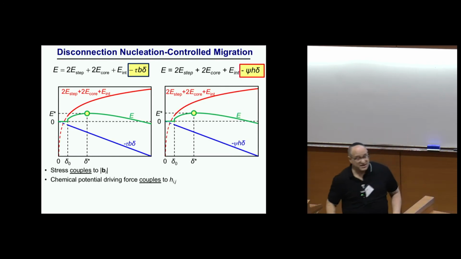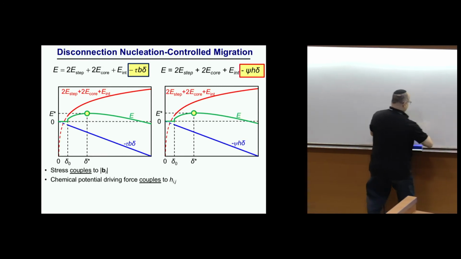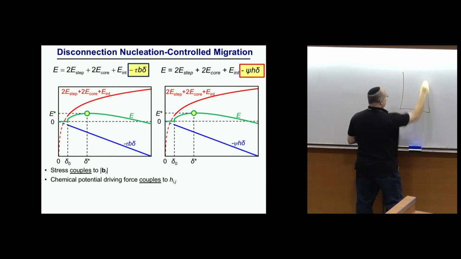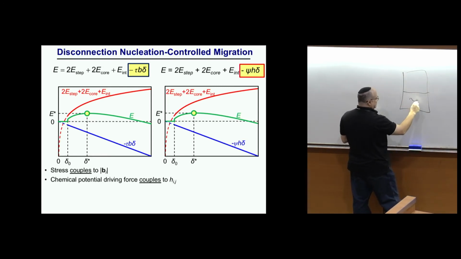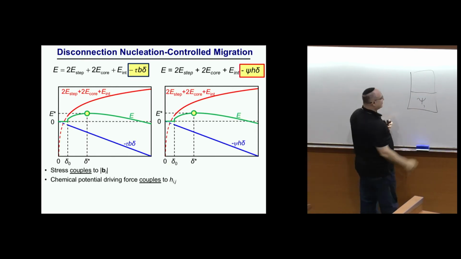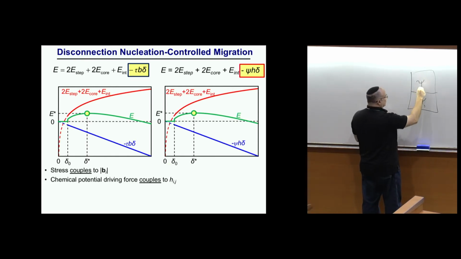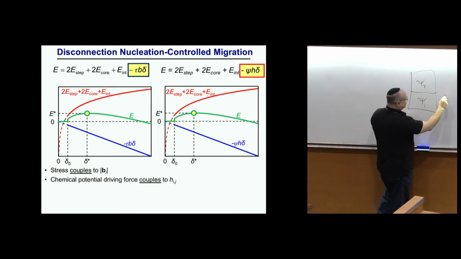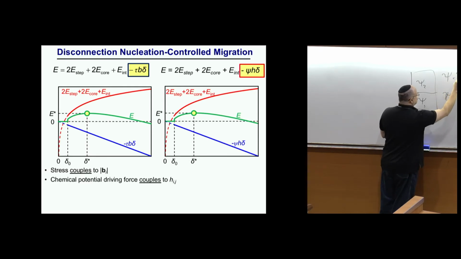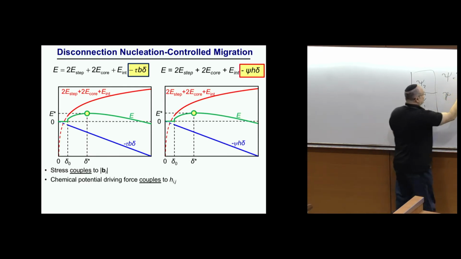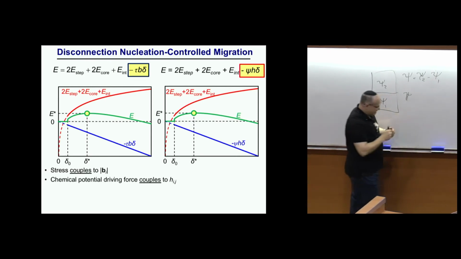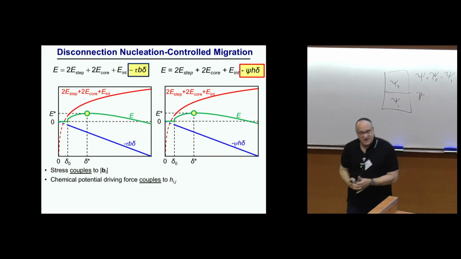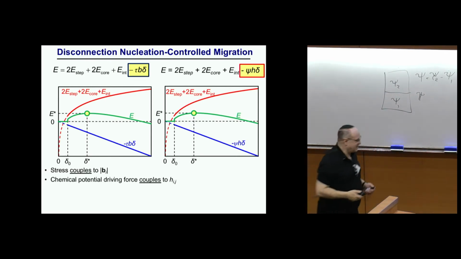On the other hand, imagine I have two grains, I'll draw a simple picture. If I say this one has an energy per unit volume psi 1, or say energy per atom psi 2, if there's a jump in between, we'll say psi is equal to psi 2 minus psi 1. So that's basically the jump in the chemical potential across a grain boundary.